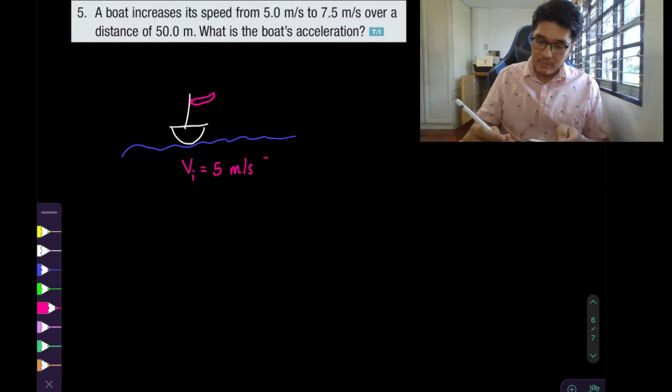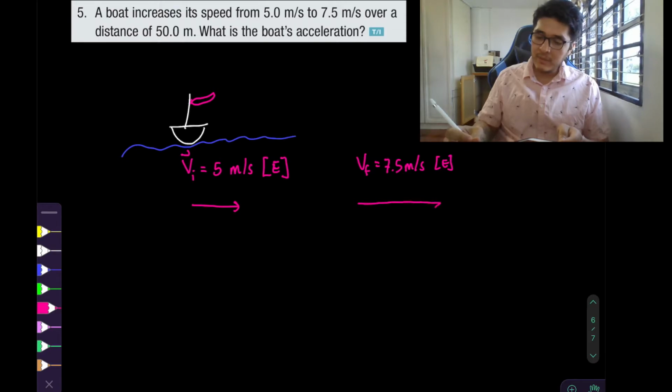So let's put east. So again, they didn't give it to us, but we can assume it. And the final velocity is 7.5 meters per second east. So it speeds up, so the vector should be longer.